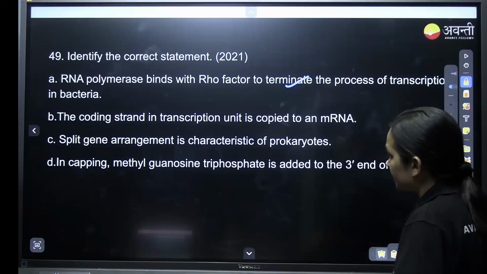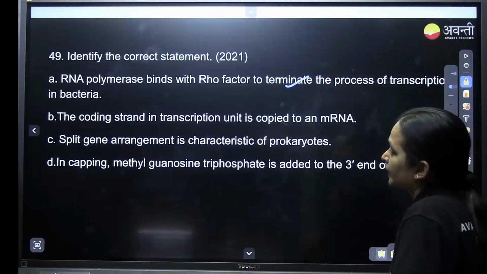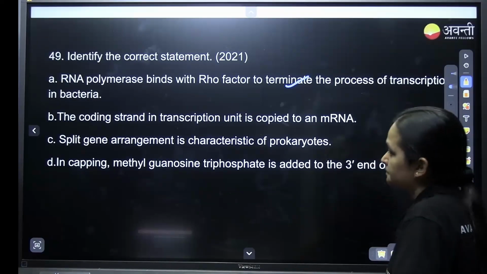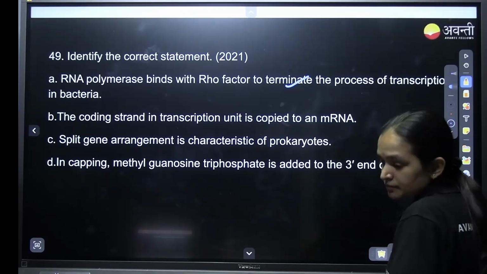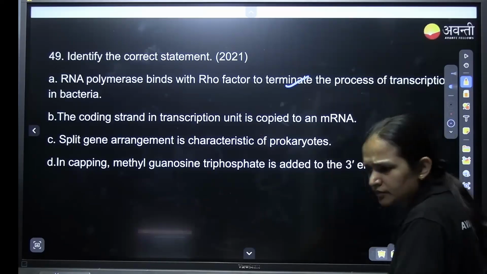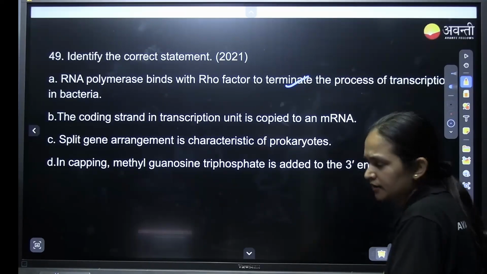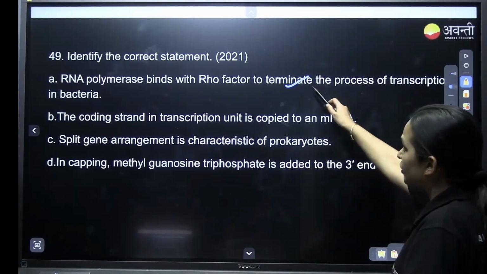The split gene arrangement is characteristic of prokaryote. In capping, tell me why B, C and D are wrong. Why?